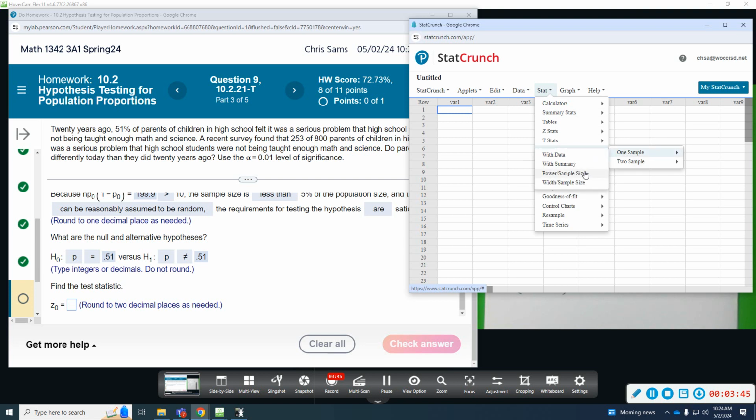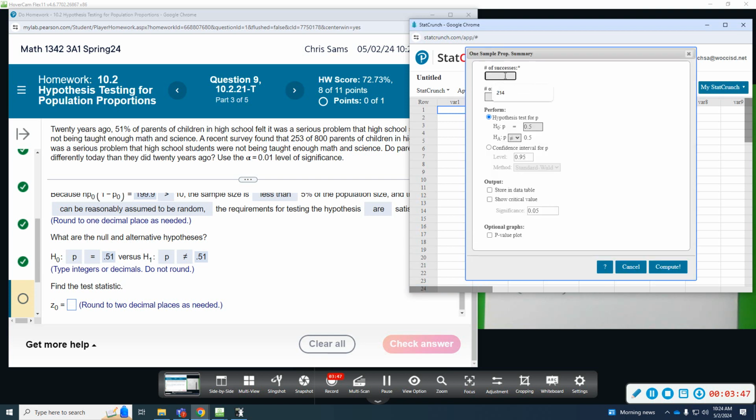Proportion, one sample with summary. Number of successes was 253. Observations was 800. P was 0.51. And we want equal versus not equal, so we'll leave it like that. Level of significance, 0.01.